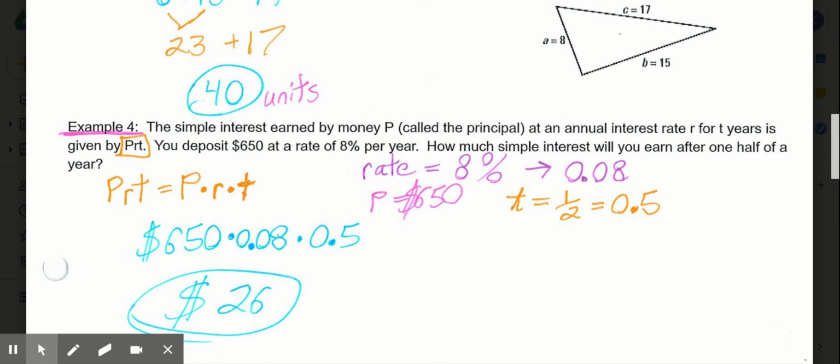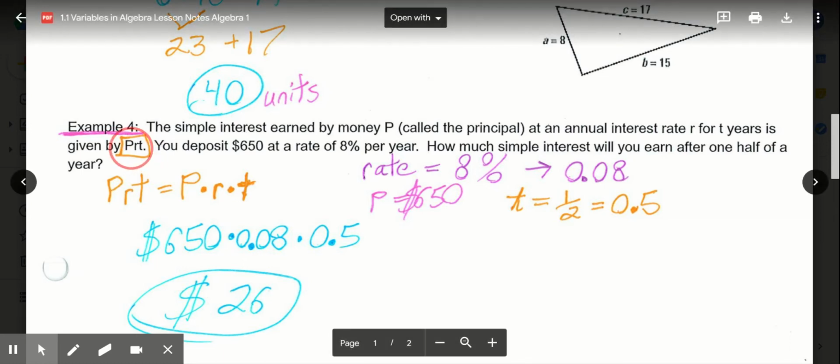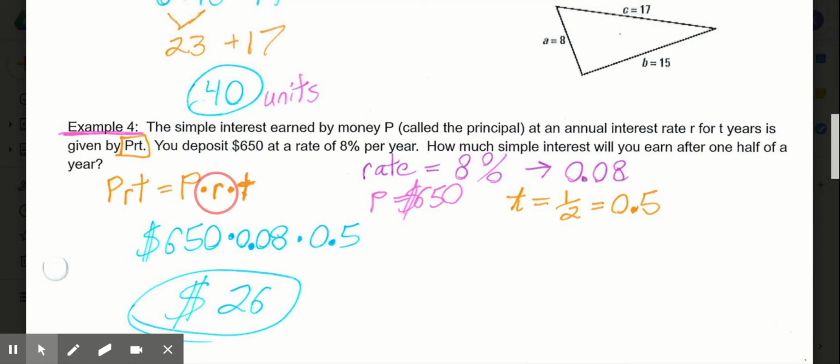For t, the lowercase t represents the number of years, is given by the expression p r t. So that expression means principal multiplied by our interest rate multiplied by our time.